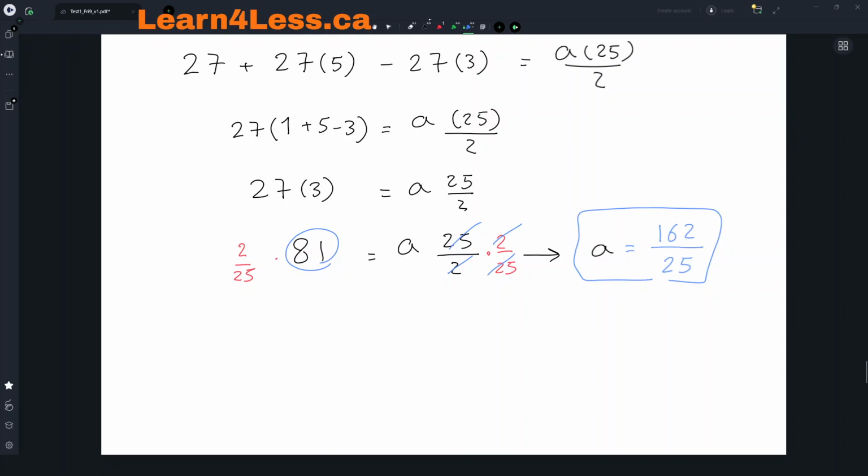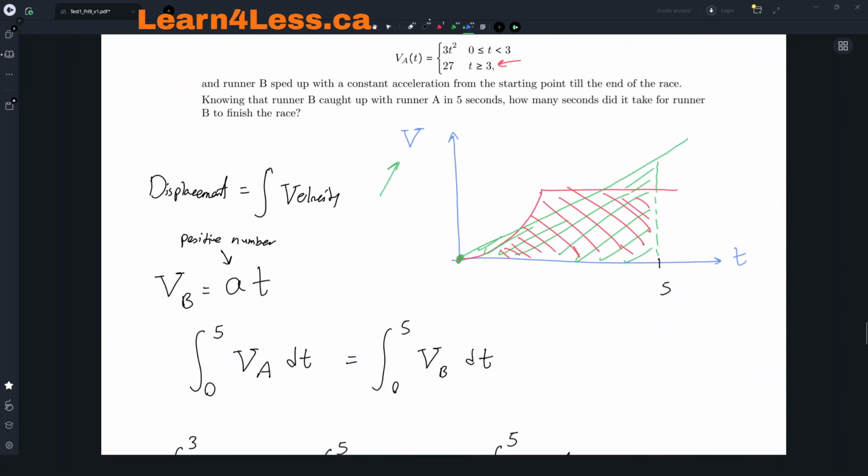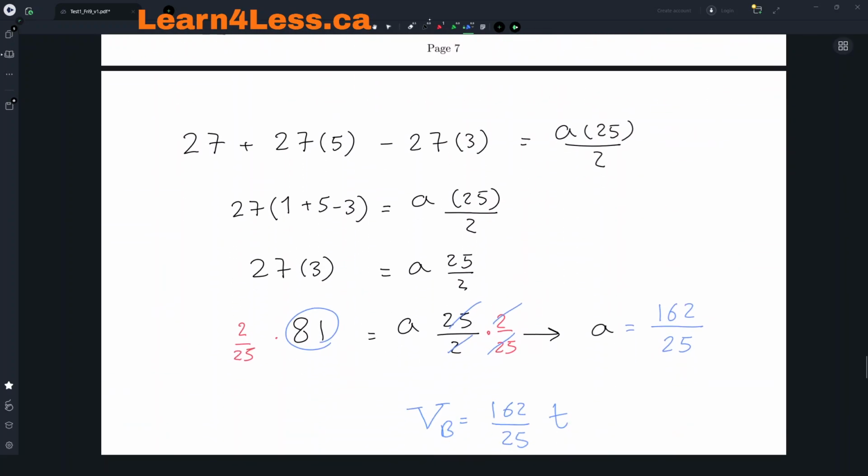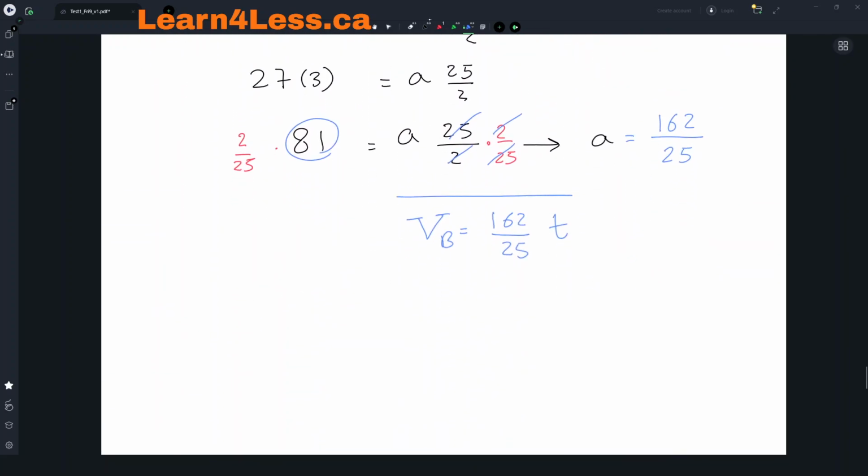That is a. So now I know the velocity of runner B is 162 over 25 t, because we said that's a linear function, because it's a constant acceleration, and that is at. So basically this is the velocity of runner B. But we didn't want this.